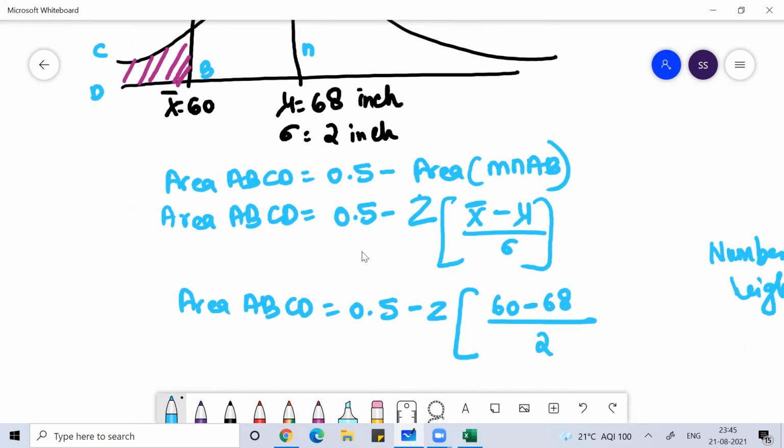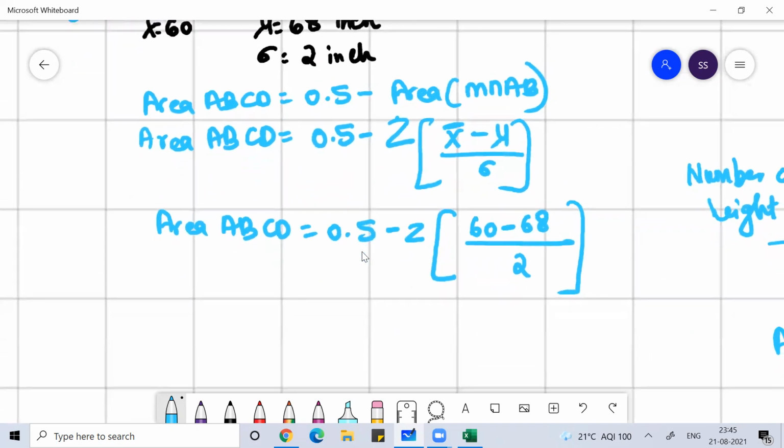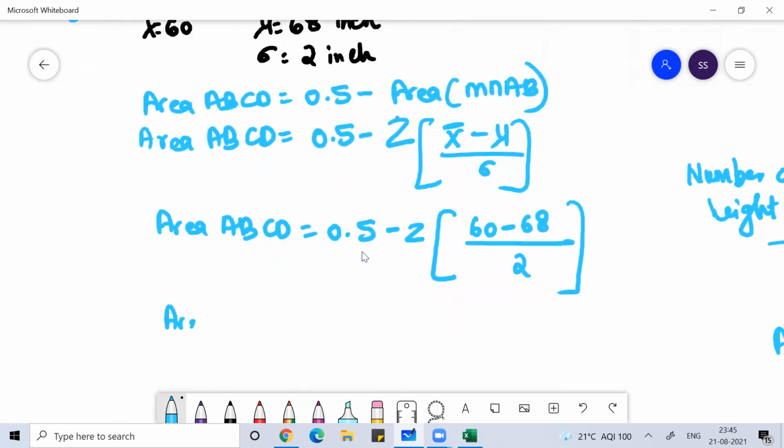Sigma is 2. So you can easily find the area ABCD equal to 0.5 minus the z value corresponding to 8 by 2, which means 4, so minus 4.